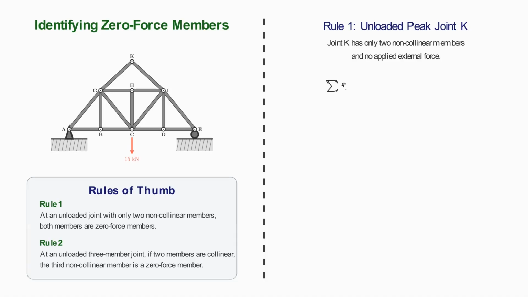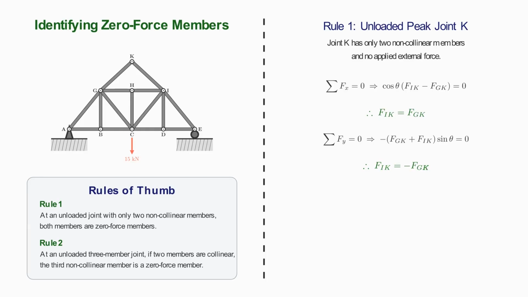Applying horizontal equilibrium, the horizontal components must cancel. This tells us that the forces in GK and IK must have equal magnitude. Now consider the vertical equilibrium. The vertical components of the two assumed member forces act in the same sense at the joint, so for their sum to equal zero, the two member forces would need to have equal magnitude but opposite sign.